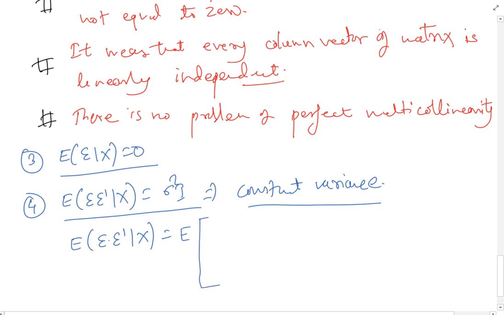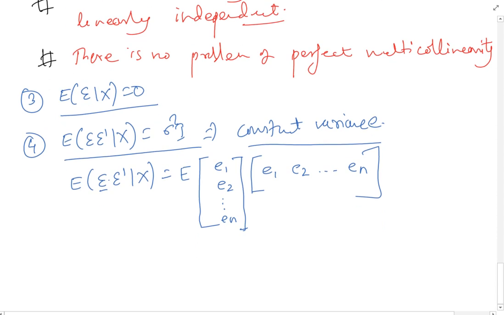The error term is the column vector e1, e2, dot dot dot, en, and its transpose is the row vector e1, e2, dot dot dot, en. If we multiply an n times 1 by a 1 times n, the matrix will be of dimension n times n.